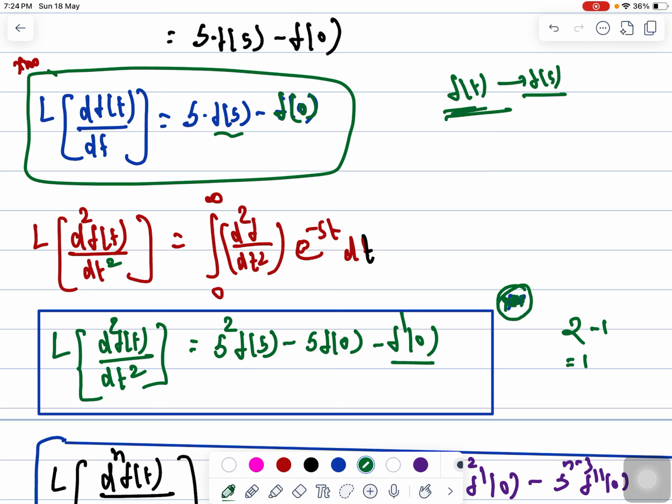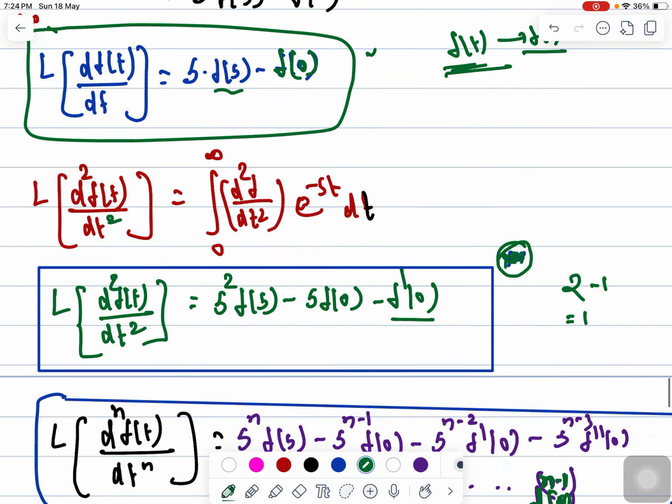So you would have gotten the flavor of why we require the Laplace transform, because it gives you the value of the differential, first order, second order, and nth order. In a differential equation we see there is a differential, right? A second order differential equation will contain a differential function of order 2, a first order differential equation will contain a differential of order 1, and an nth order differential equation will contain the nth order differential.